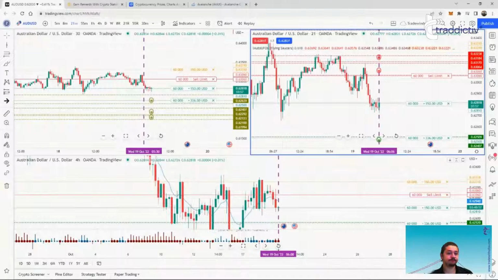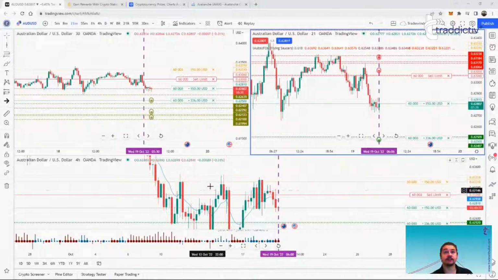Perfect. So that's our setup. That's the first trade of the day that we have in front of us. Just want to make sure everybody's looks like everything's going smooth so far. Let me just check something here. Yep, everything looks good. So that's our first setup that we have on FOREX for us.